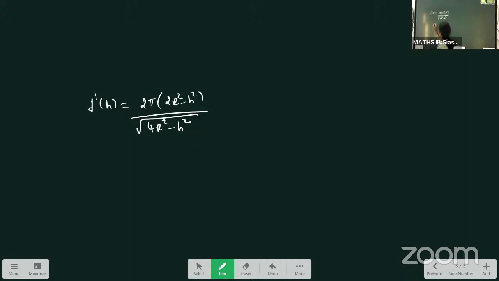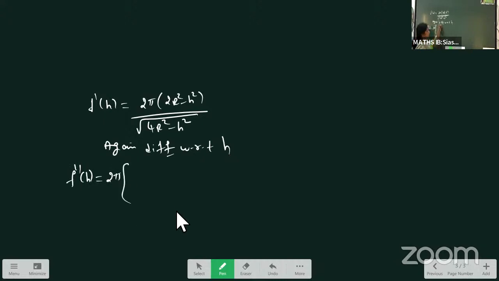See, again differentiating with respect to h. F dash h derivative is what here? F double dash of h. 2 pi is a constant. We have to apply u by v rule. First what? Denominator whole square. In u by v, what we have to do? Denominator whole square. That is 4r square minus h square whole square.